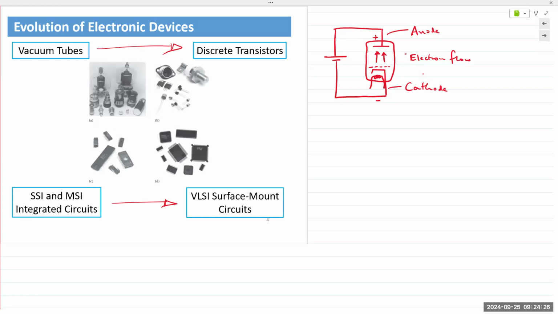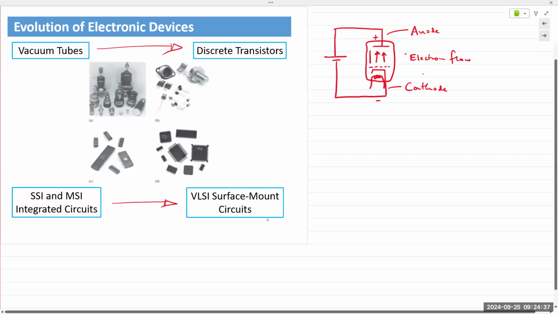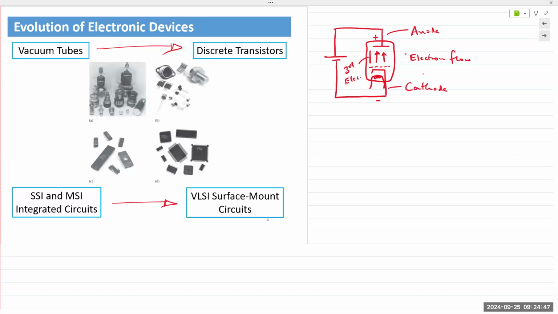Now, as I was saying, you'd want to control the flow of current, but it's very hard to control. So what they did was they inserted a third electrode in there to better control the flow of current. Okay.